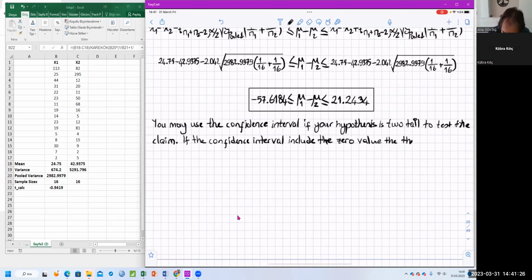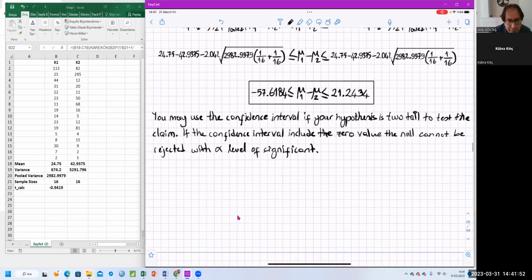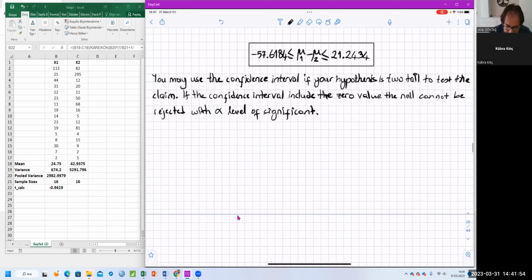Then the null cannot be rejected with alpha level of significance. We have tested already the double-sided hypothesis.